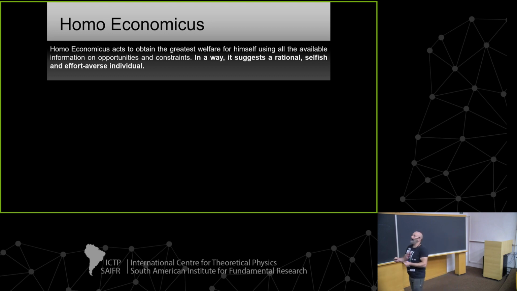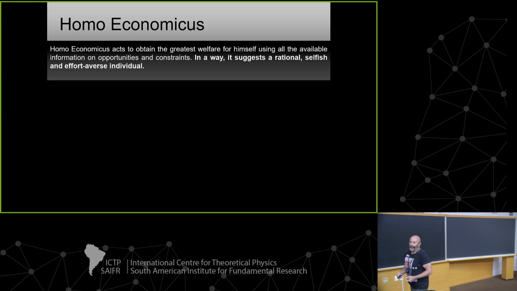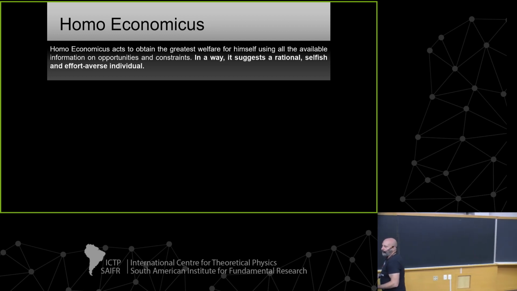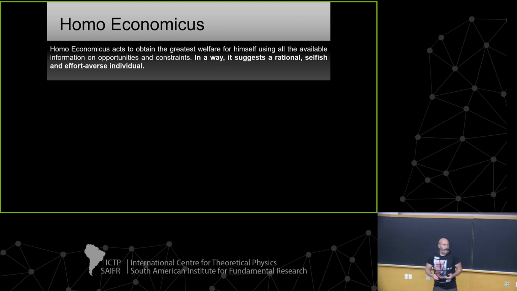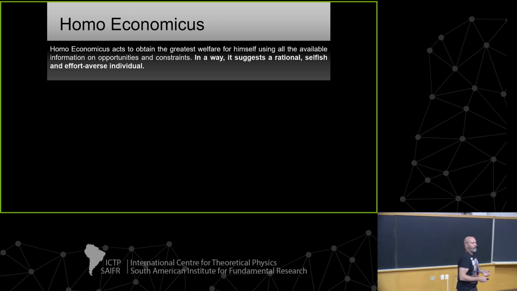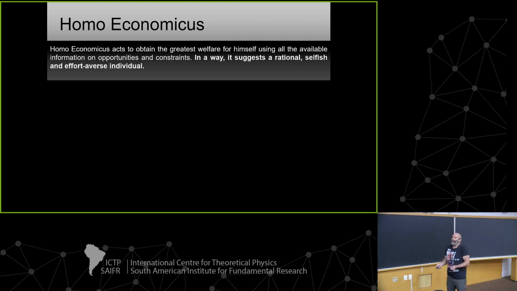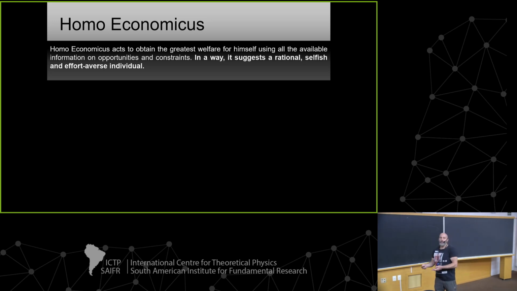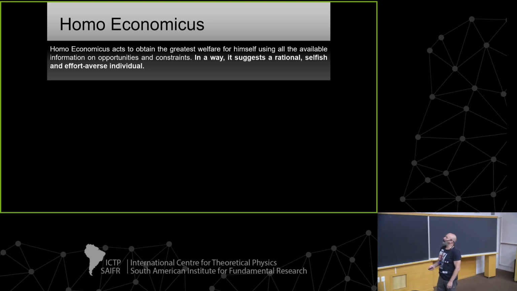So this is the idea of a homo economicus: an individual that only wants to increase his or her wealth, and this is the only important goal. And also, that individual is informed about what to do to obtain his wealth.